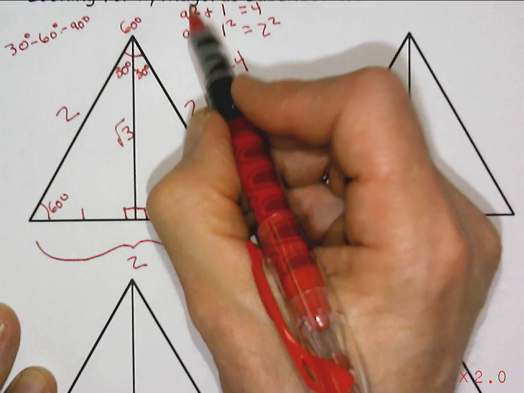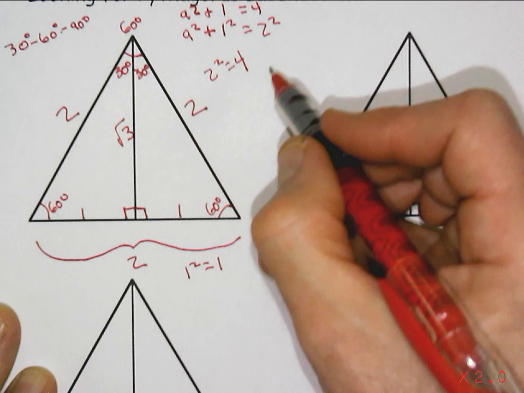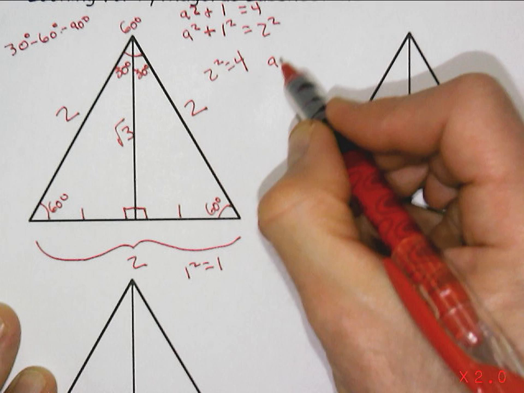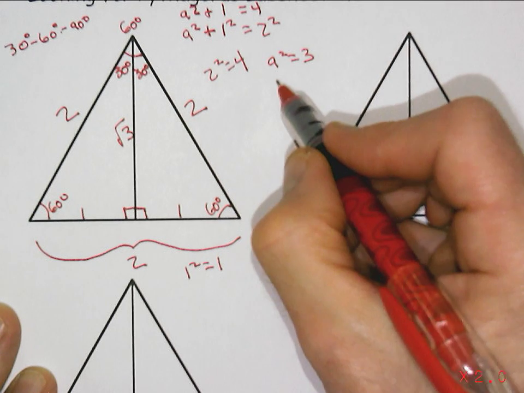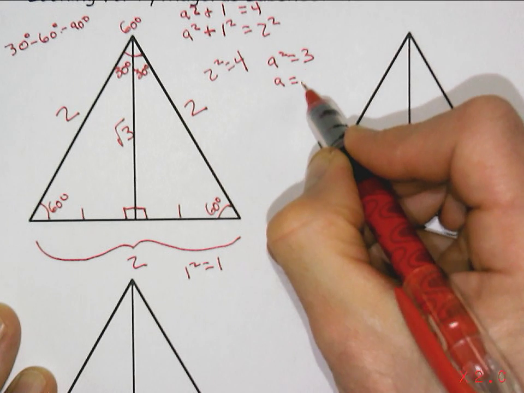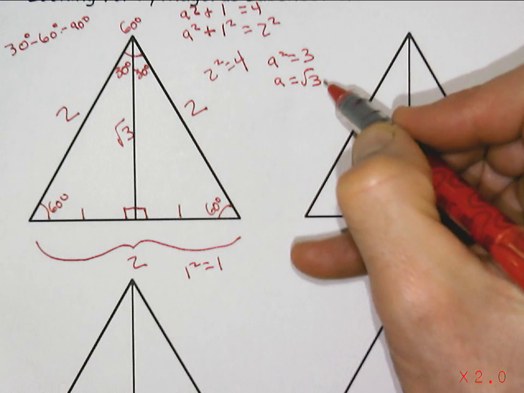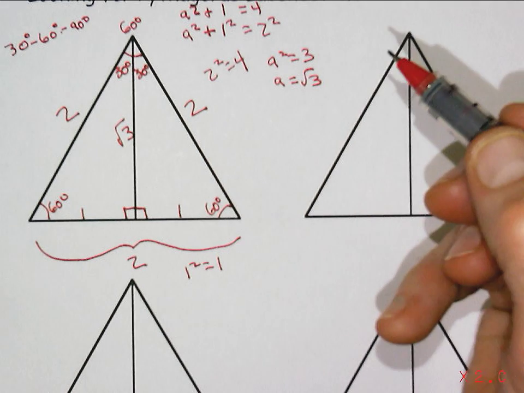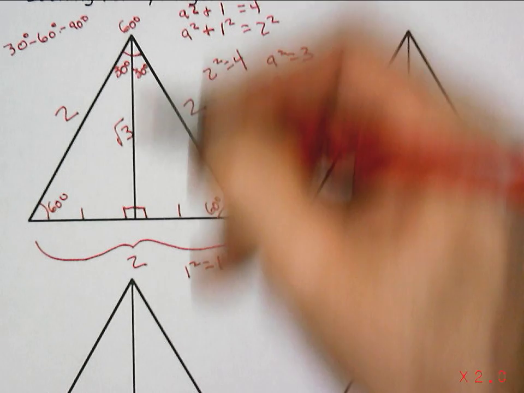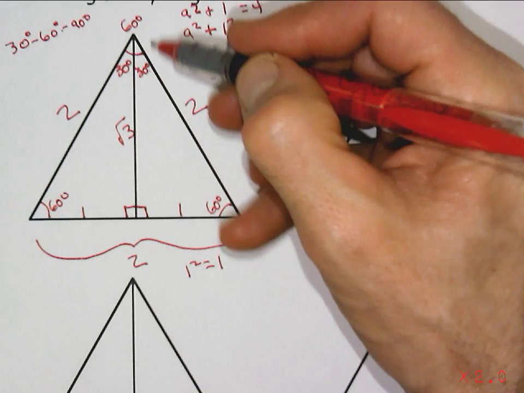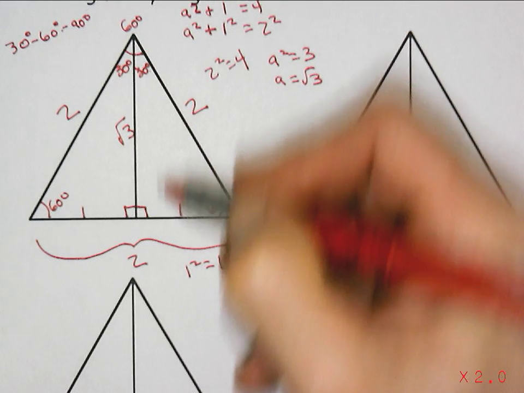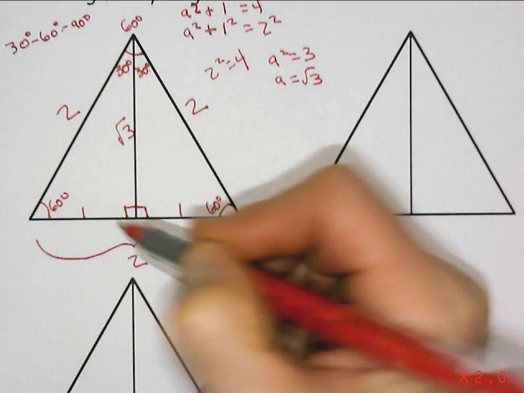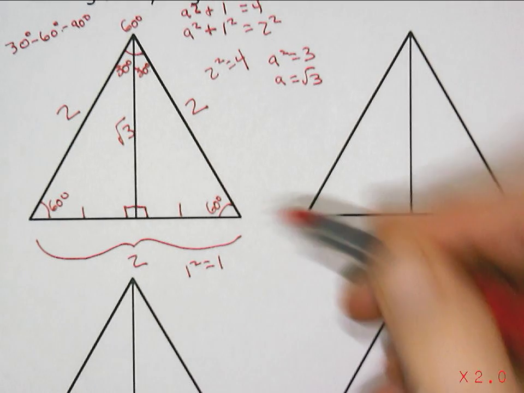So you see that this a squared piece would have to be 3, so a is the square root of 3. To take the square root of that area to get the side length. So now I have all of these parts. Each of these becomes 1, and the original piece is 2.